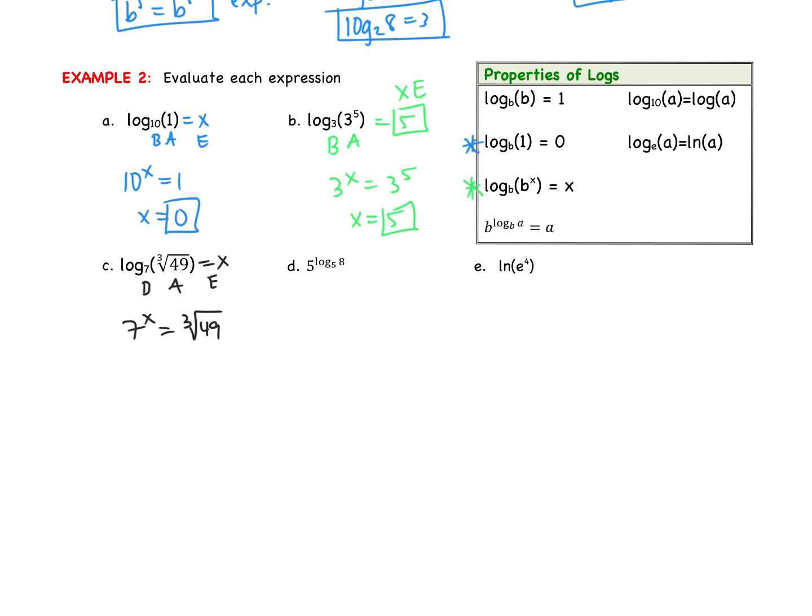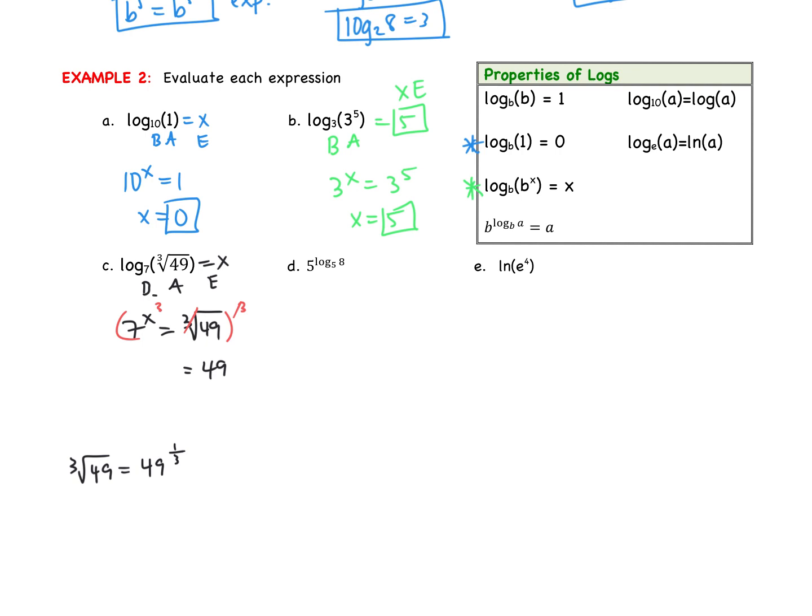Okay, so what we're going to do is we are going to cube both sides. On the right side, it gets rid of that cube root and just leaves us with plain old 49. Don't you have to raise it to the 1/3? It is raised to the 1/3. So cube root of 49 is 49 to the 1/3 power.